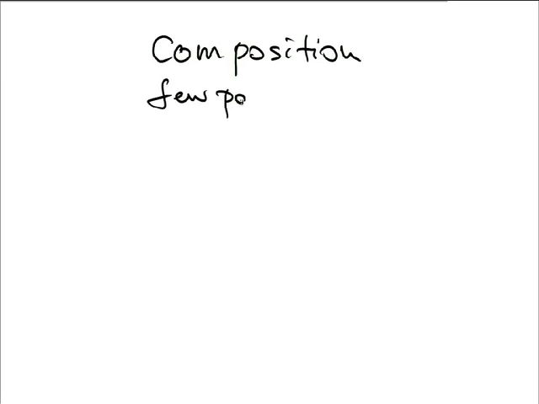A few component types, and then we arrange them to get complex behavior. I'll give you a few examples of this.